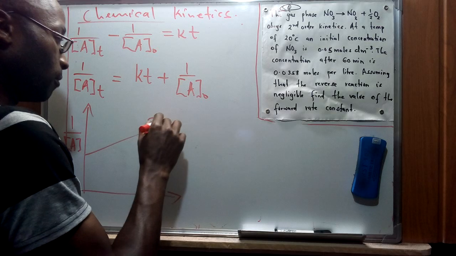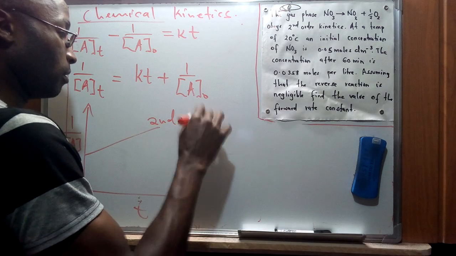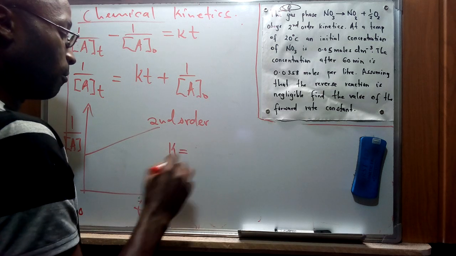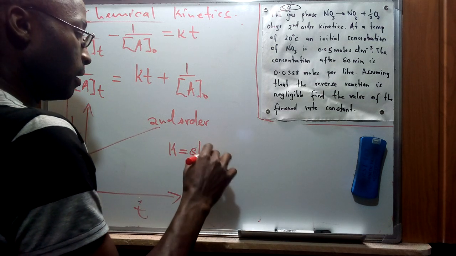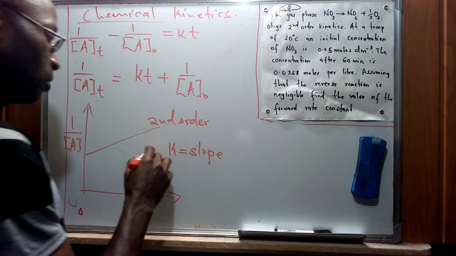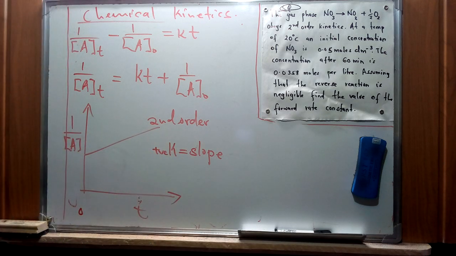And this is generally for second order reaction rates, whereby I'm going to get a positive slope. So therefore, the rate constant is going to be the slope, which is going to be a positive value. So in this case, this is how we represent the equation for the second order reaction rate, and this is going to be our basis for finding how to calculate the value of the forward rate constant.